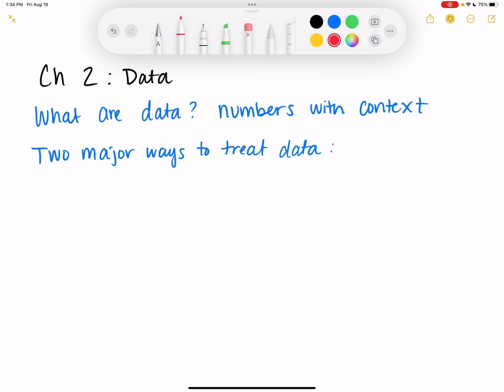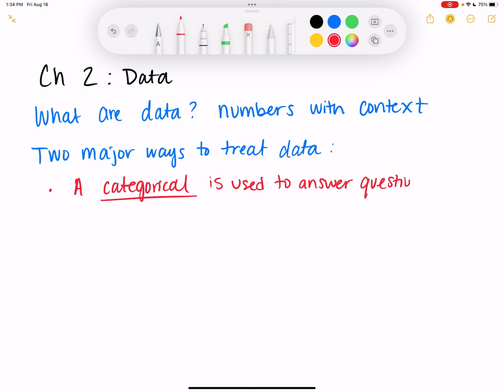All right, this first sentence is going to sound really weird because it's missing a word that's in the next part, but it's intentional, so just bear with me. A categorical is used to answer questions about how cases fall into categories.